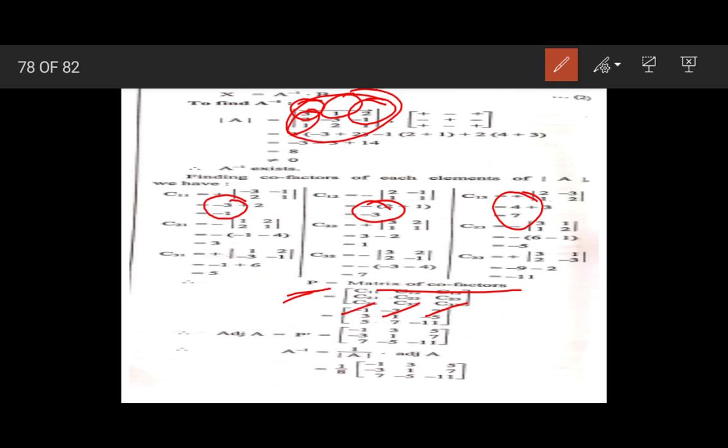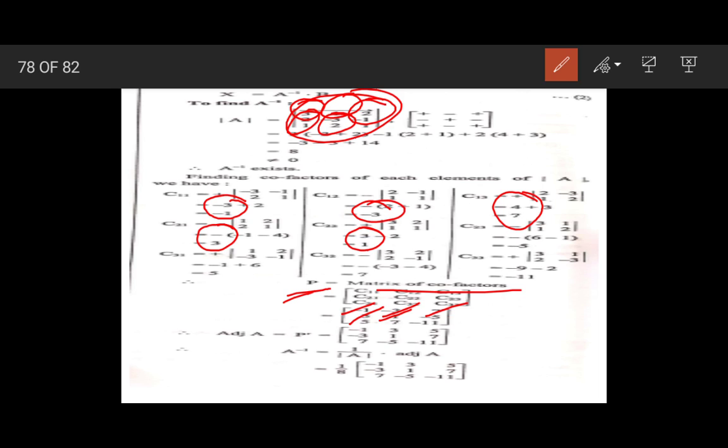We have to write the cofactor of 1. The cofactor of 1 is minus 3. Then in place of 2, we have to write the cofactor of 2. The cofactor of 2 is 7. Then in place of 1, we have to write the cofactor of 1. The cofactor of 1 is 3. Then in place of 2, we write the cofactor of 2. The cofactor of 2 is 1.